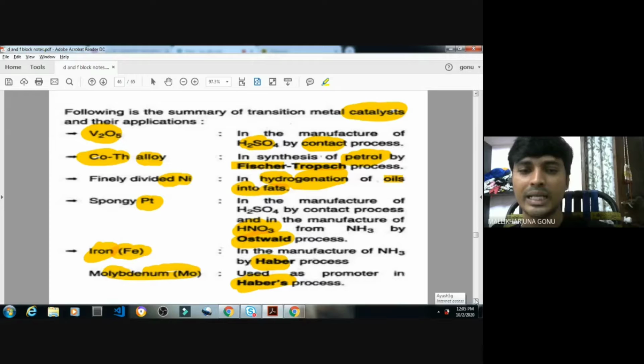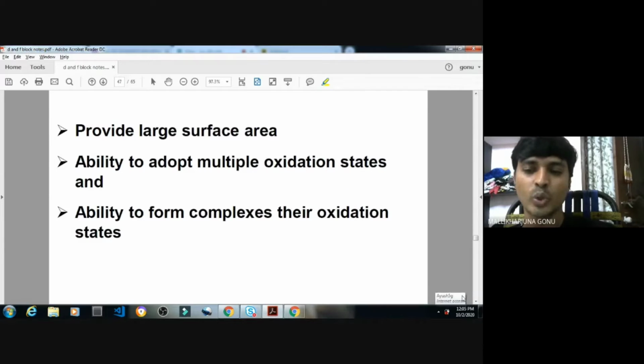This is how these elements show catalytic properties, because they have a large surface area to attract molecules on the surface. You have seen surface chemistry, no? In the same way, if you take palladium, it has a large surface area.